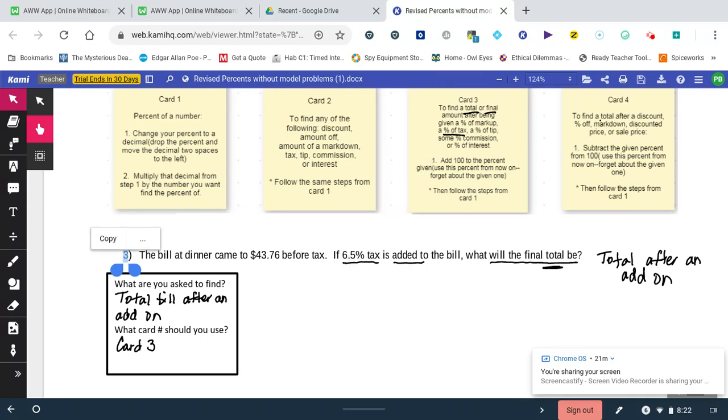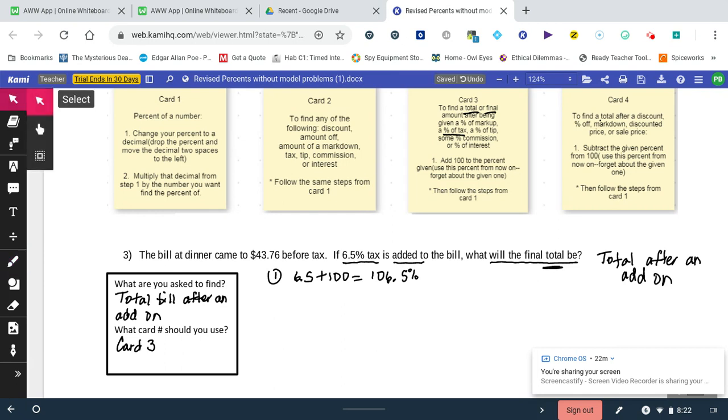But what I'm going to do is add 100 to this and then just forget about that. Step 1, I'm going to add 100 to 6.5, which ends up being 106.5%. Okay, so that's step 1.